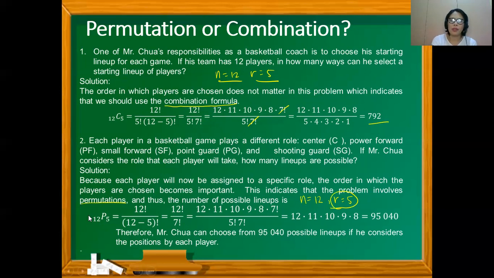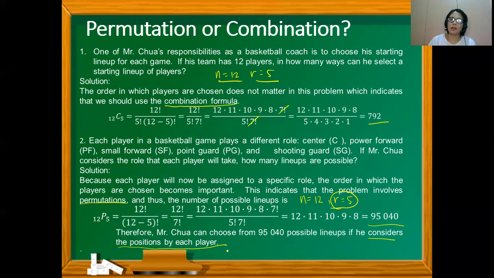So we have permutation of 12 taken 5. Substituting the given in the formula, we have 12 factorial all over quantity 12 minus 5 factorial. So we'll come up with 95,040 ways of choosing the possible lineups if he will consider the position of each player.